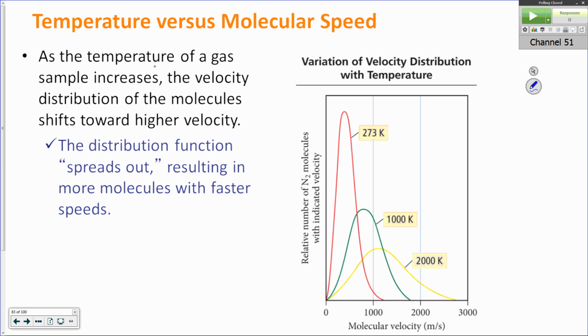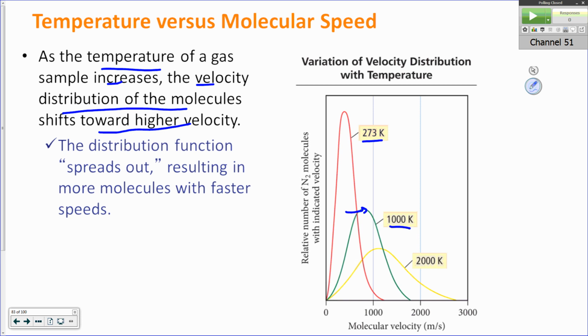As the temperature increases, the velocity distributions shift towards higher velocities. Now it's looking at one of the gases close to room temperature, 273 Kelvin, and it's down here in the 300 to 400 range, as we talked about. If you heat that gas up to 1,000, the whole thing shifts in this direction.